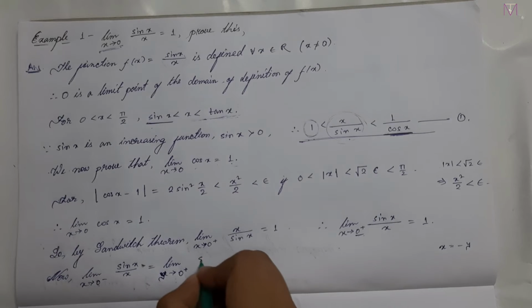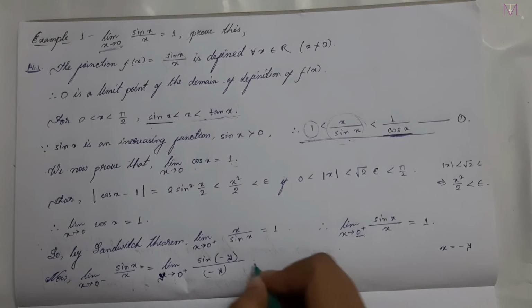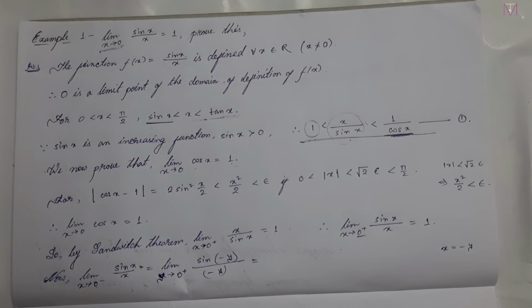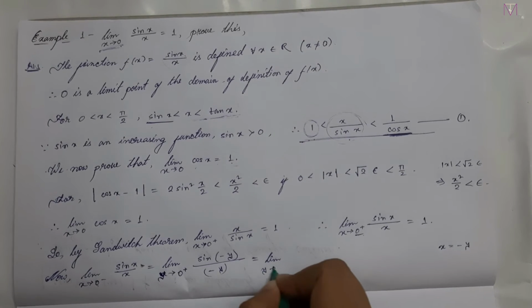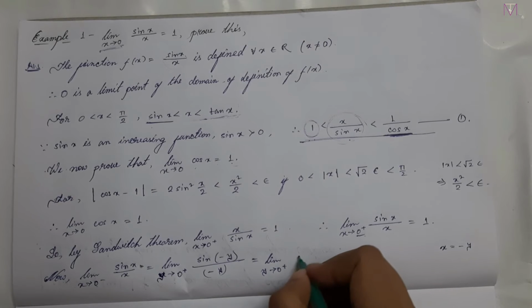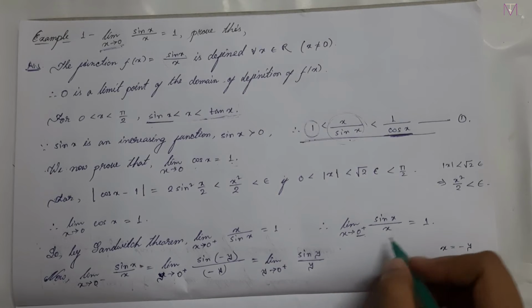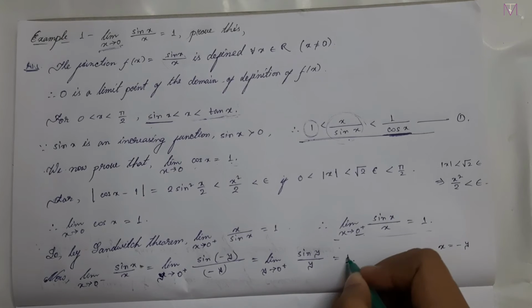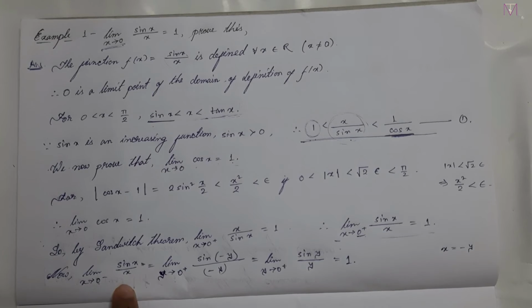Sin of minus y by minus y. Now sin of minus y is equal to minus sin y, and the minus minus disappears. Then what will we get? Limit y tends to 0 plus sin y by y. Already we have proved this is equal to 1. So here we can prove that limit x tends to 0 minus sin x by x is equal to 1.